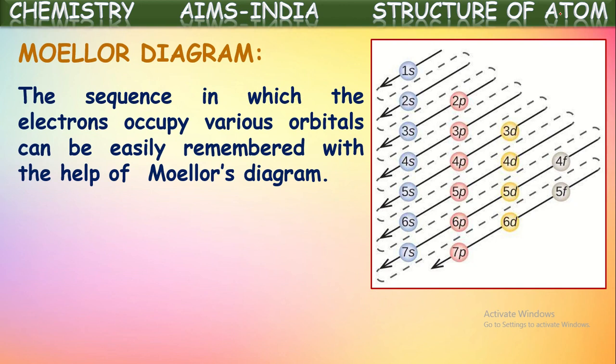See, it is shown here in the diagram. First 1s orbital means electrons are entering the 1s orbital in any atom. After filling this 1s orbital, see where it is guiding, then 2s orbital is occupied. After completely filling 2s orbital, electrons enter 3s, 2p, sorry. After filling 2s, electrons enter 2p.